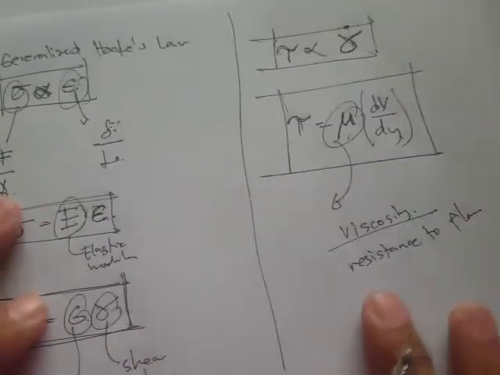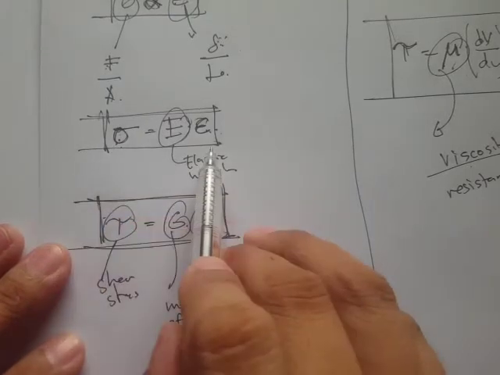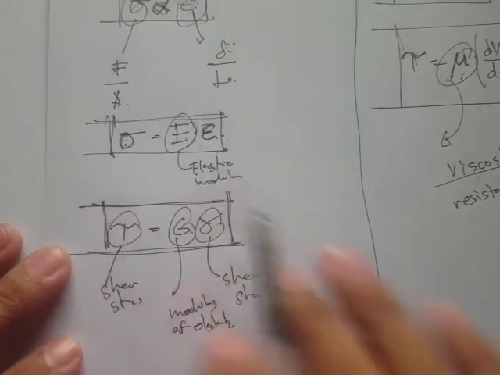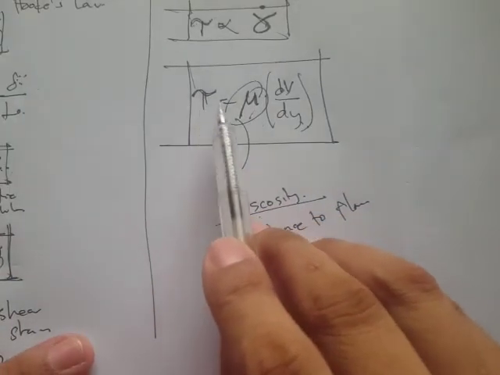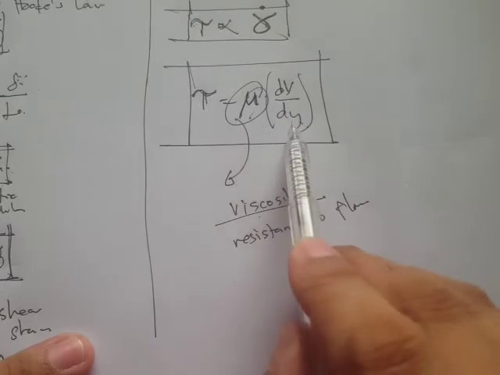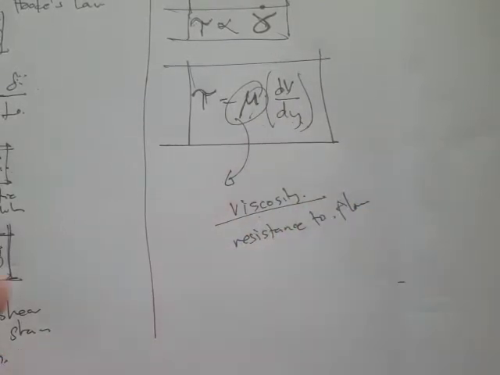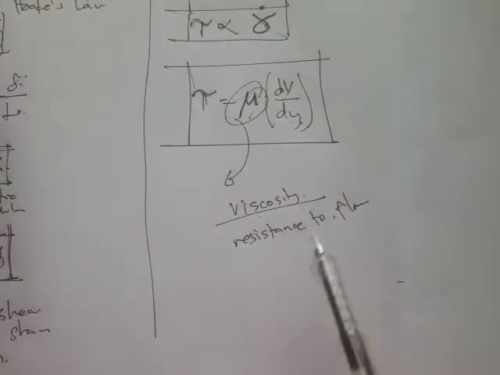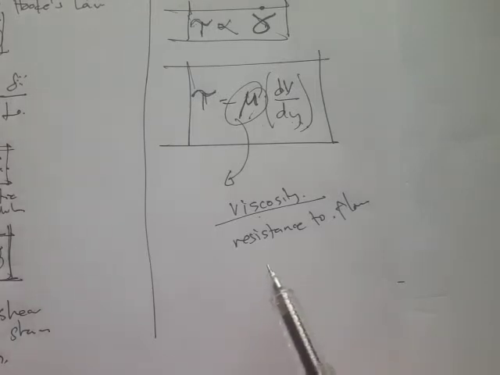Just like here, where the stress is proportional to strain by this constant, the elastic modulus, in the same way the shear stress is directly proportional to the rate of shear strain by this constant, viscosity, this resistance to flow. So if you have a viscous fluid, with very high viscosity, it means that it requires much force in order for it to flow.